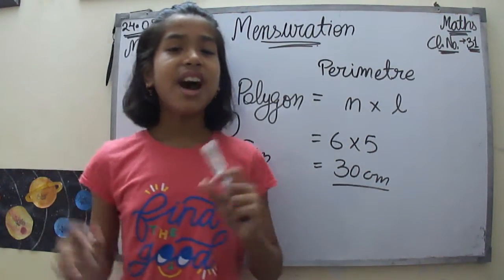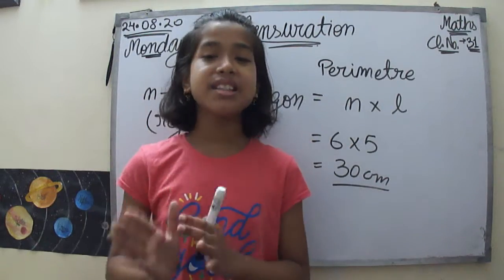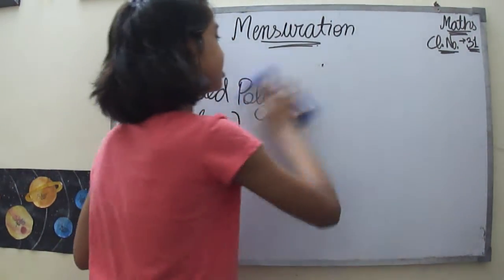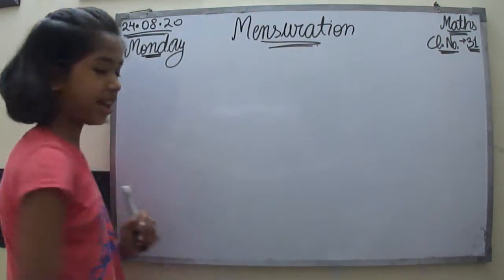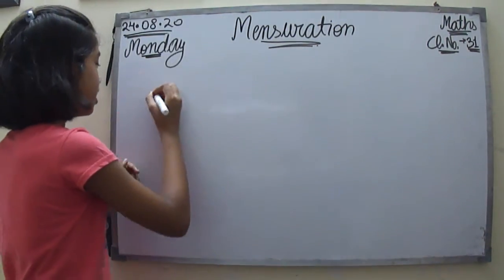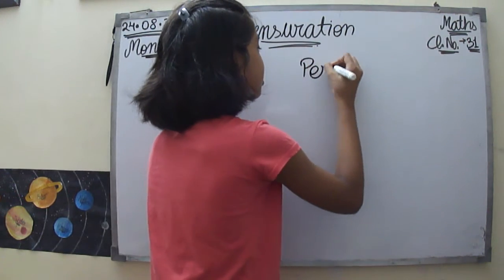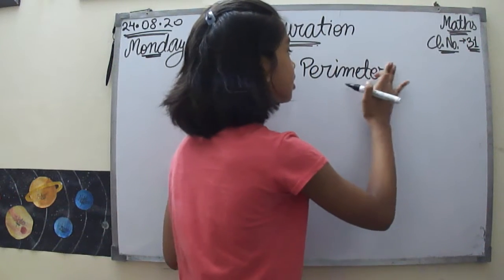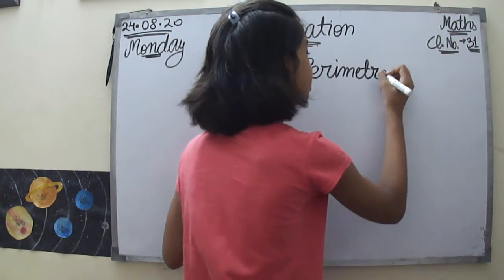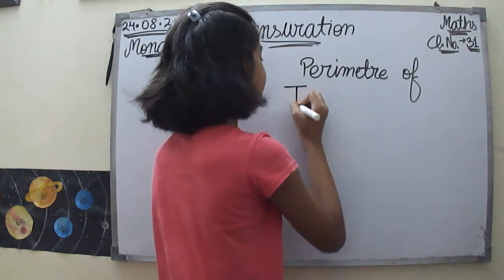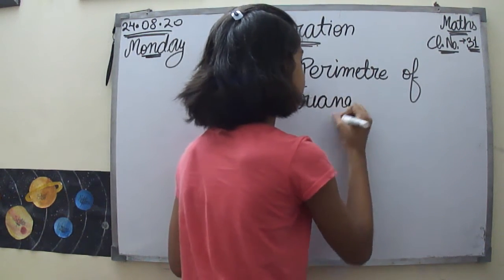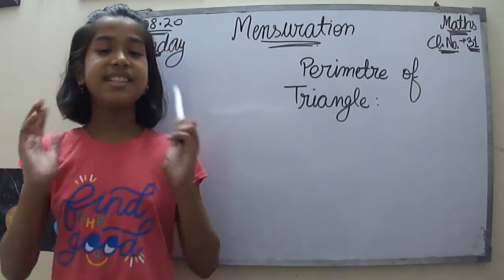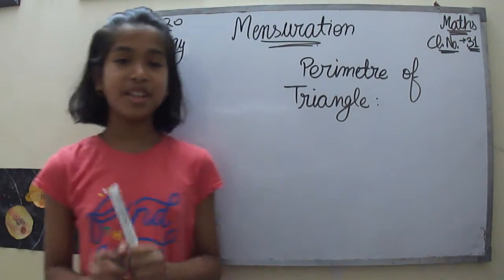So now let's move on to the last polygon, and that is the triangle. Let's see how to calculate the perimeter of a triangle.